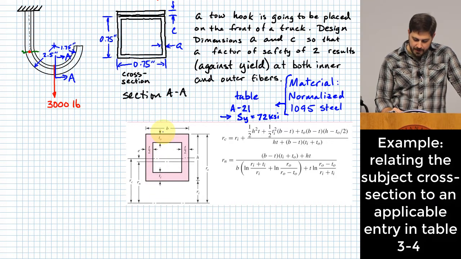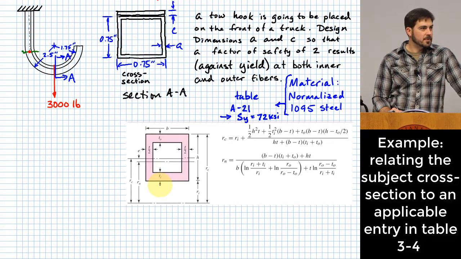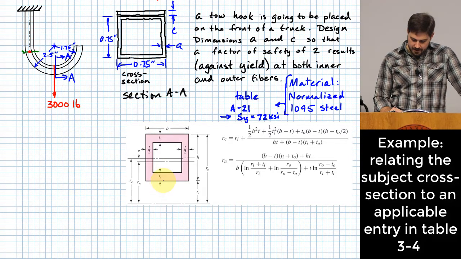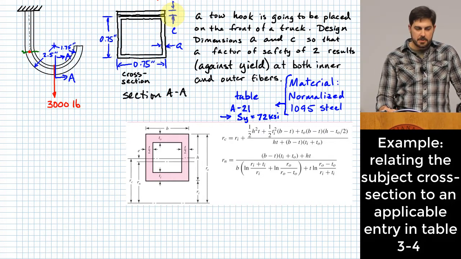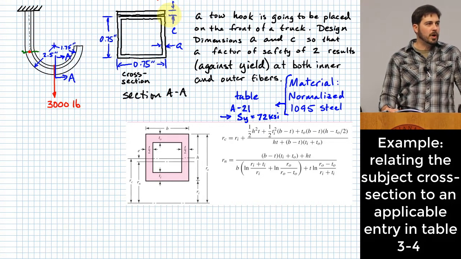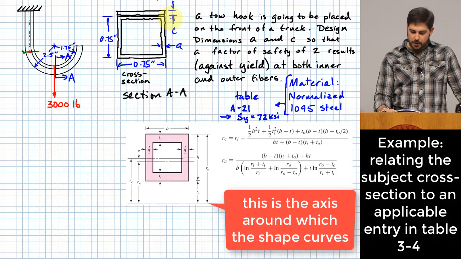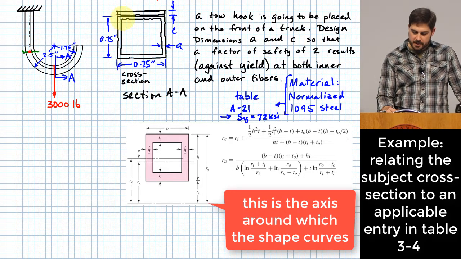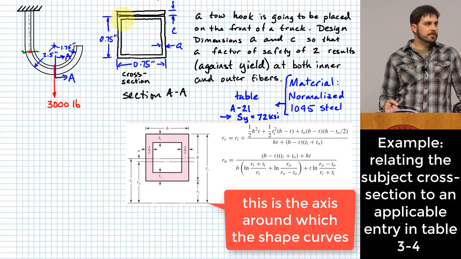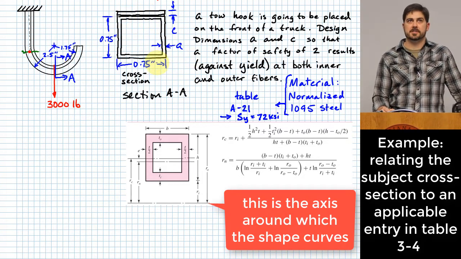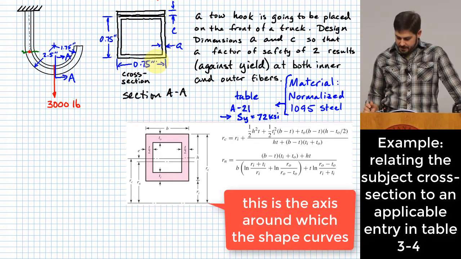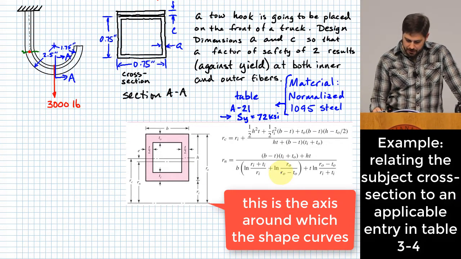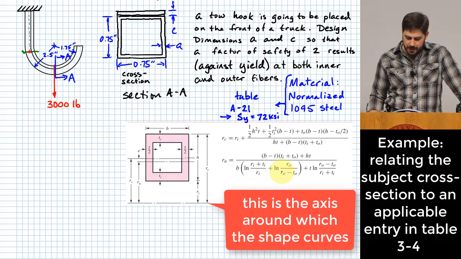We can have a different value for the T sub O than for the T sub I. All right? So how we can use that in this problem is we can take the thickness of C, which is that strap of material we're welding to the inside of the hook, and add it to the thickness of the original tube, whereas we would not have that on the back side. Okay? So this is a very useful entry for this particular shape that we are looking at.